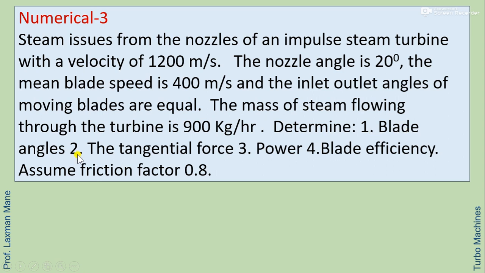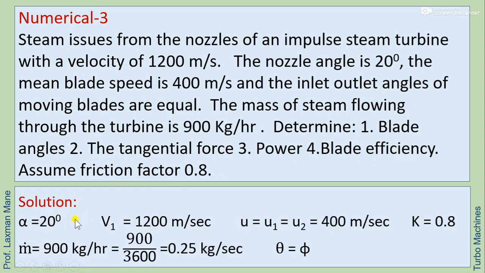Find blade angles, tangential force, power and blade efficiency. Assume a value of k. First of all, enlist the data: alpha, V1, U, k. Then convert m dot from kg per hour to kg per second, so divide by 3600. The relation between theta and phi is given: same angle.